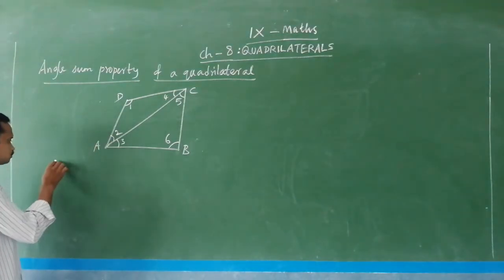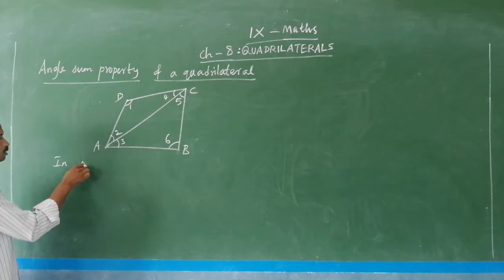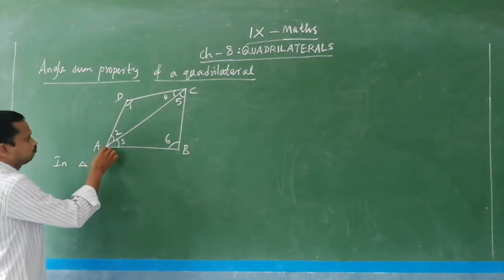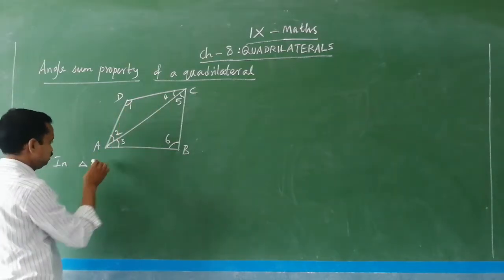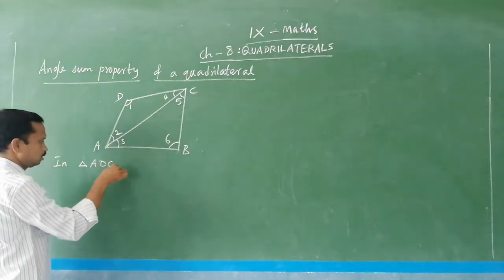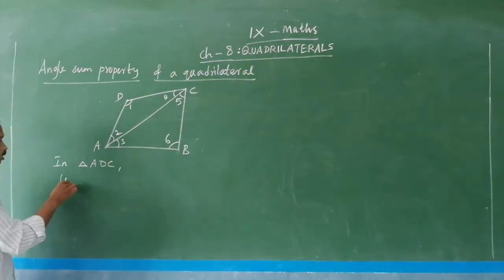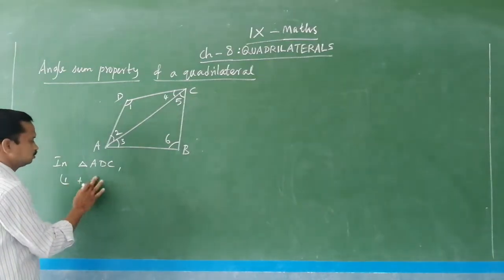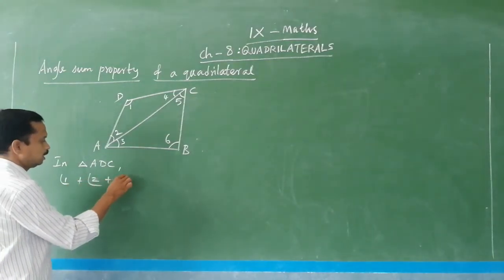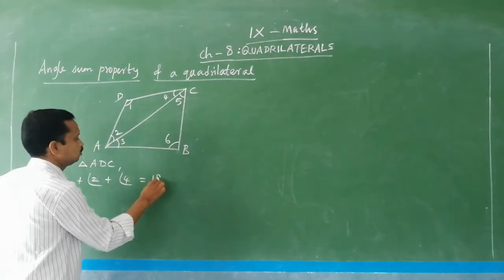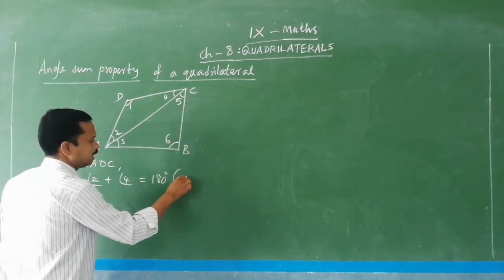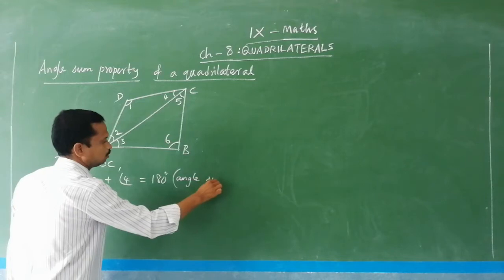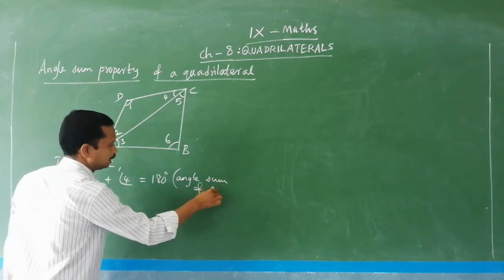You see, in triangle ADC, angle 1 plus angle 2 plus angle 4 equals 180. You know the angle sum of a triangle.